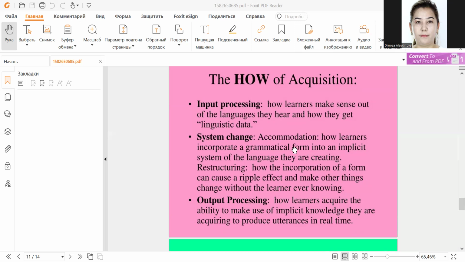Restructuring, how the incorporation of a form can cause a ripple effect and make other things change without the learner ever knowing. Output processing, how learners acquire the ability to make use of the implicit knowledge they are acquiring to produce utterances in real time.